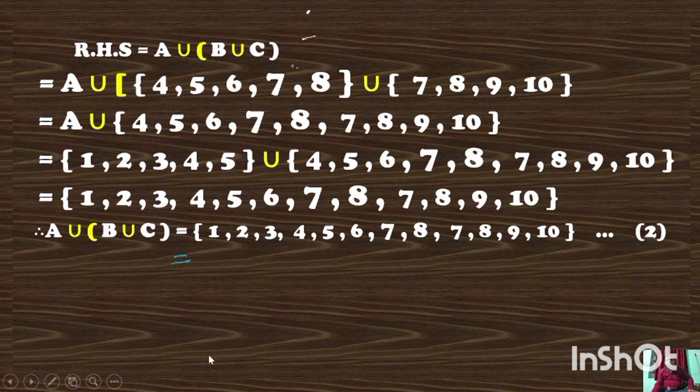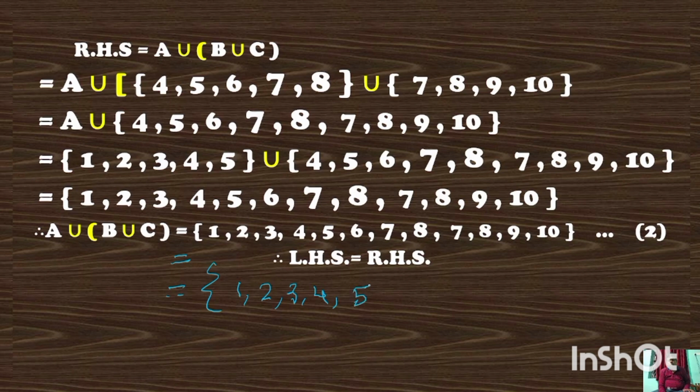Hence we clearly understand LHS and RHS. Here the elements are repeated, and you know if elements are repeated, they are considered as the same element. Here 1, 2, 3, 4, 5, 6, 7, 8, 9, 10.